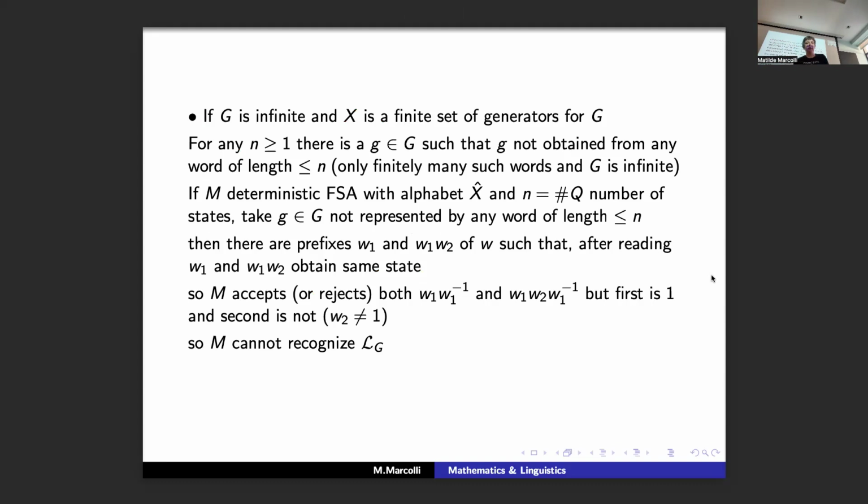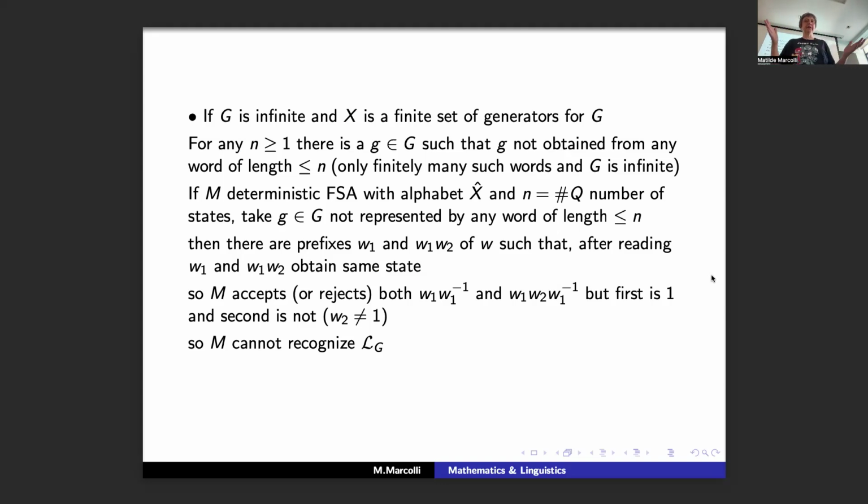And the other thing is to show that if your group is actually infinite, then you cannot make room for computing this word problem through a finite state automaton. The point is that if it's infinite, then there's going to be some element in the group that cannot be obtained by any word of length bounded by a fixed n.